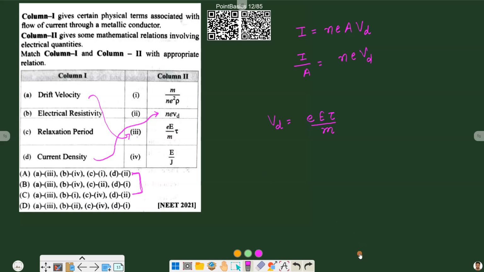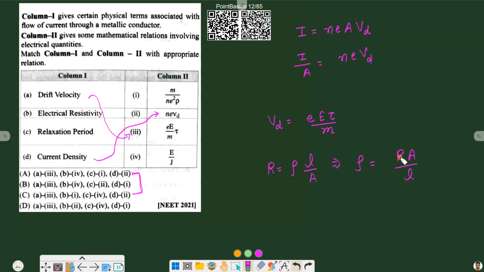Now, we know that resistance is equal to rho times L by A, and we have to form a formula for electrical resistivity from either option 1 or option 4. So from this, resistivity is equal to R times A by L.